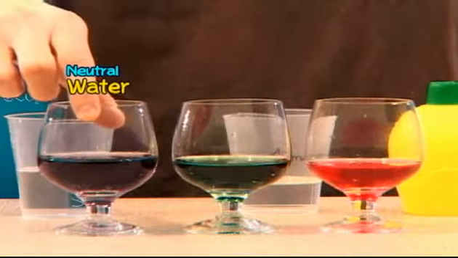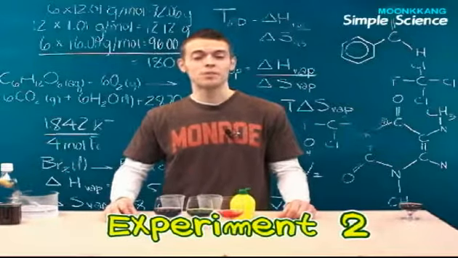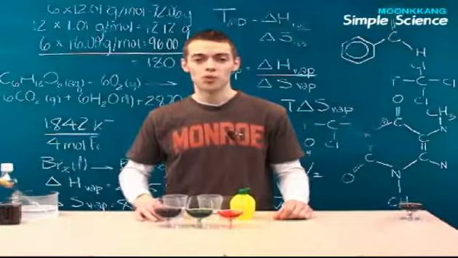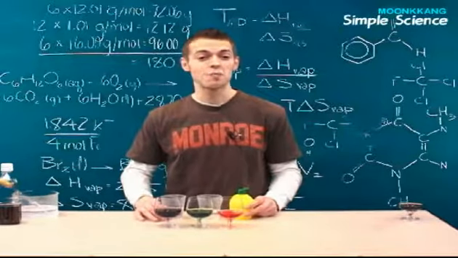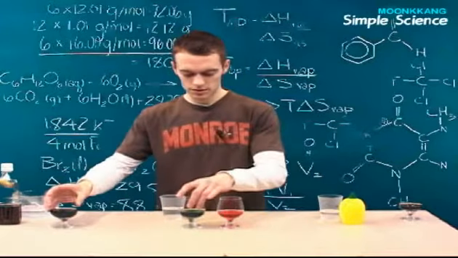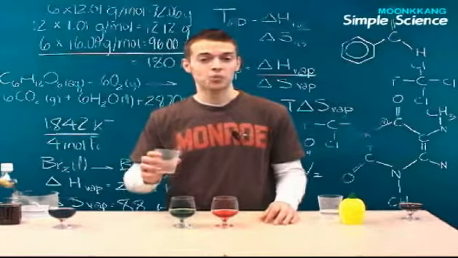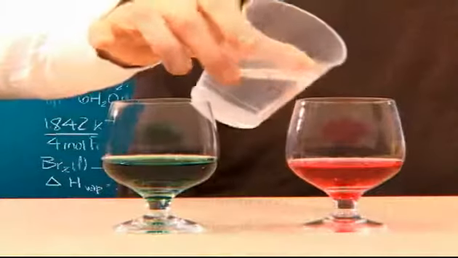It is neutral. So in our second experiment, we will see what happens when we mix neutral water with an acid and a base. So what do you think will happen when we add this water? Let's see.